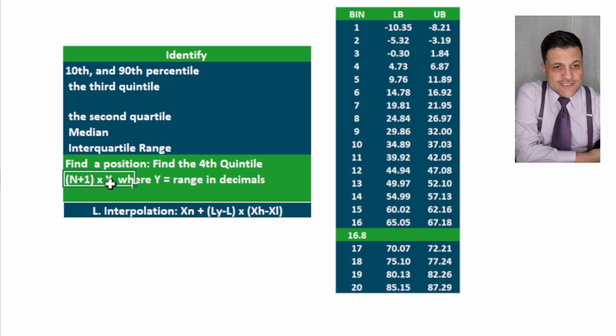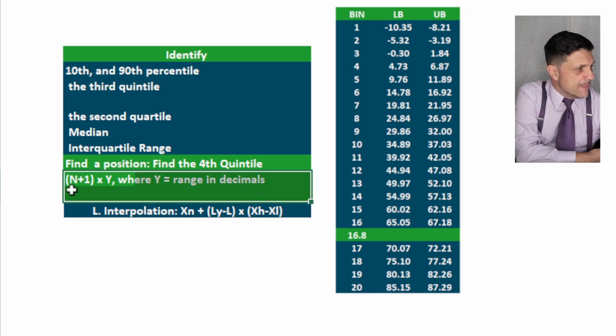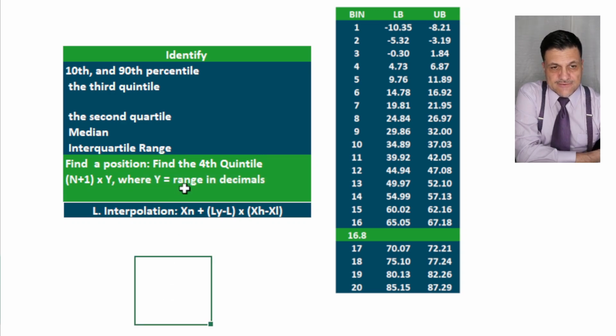You're going to have to use the location formula: n plus 1 times y, with y being the 80%. Multiply by n plus 1, which is 20 plus 1, 21. So 21 times 0.8 is 16.8. It's this position that we're looking for.